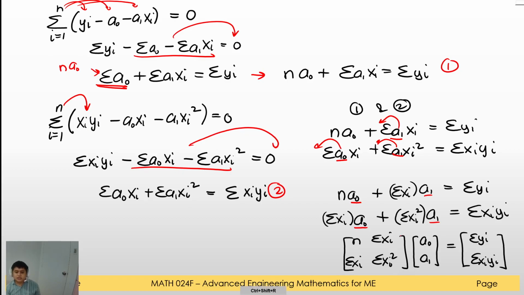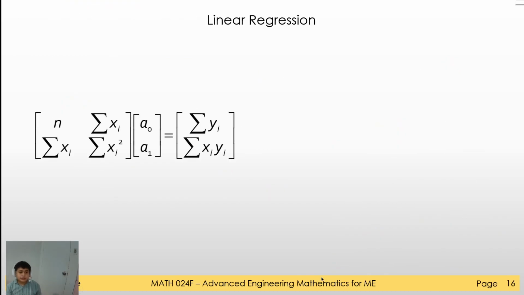If we solve this system of linear equations, we can solve for a naught and a1. We should remember this formula for solving the constants a sub 0 and a1.